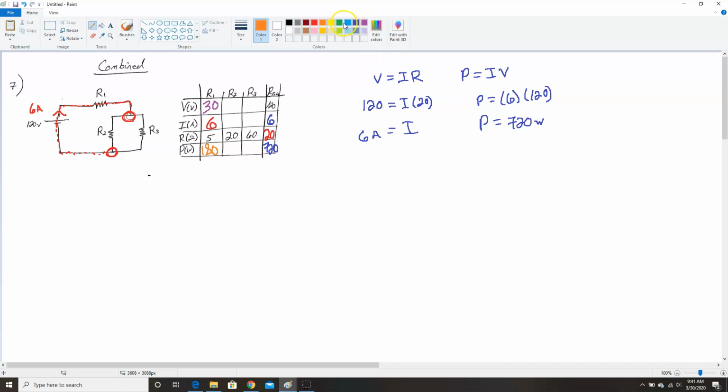Now I go back to what I would do in a series circuit, and by that I mean I think about this line right here that has come out of the battery at 120 volts. I just saw that R1 consumes 30 volts, which means it has to bring down the voltage to 90.